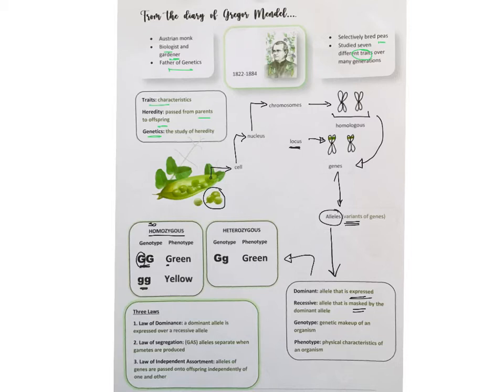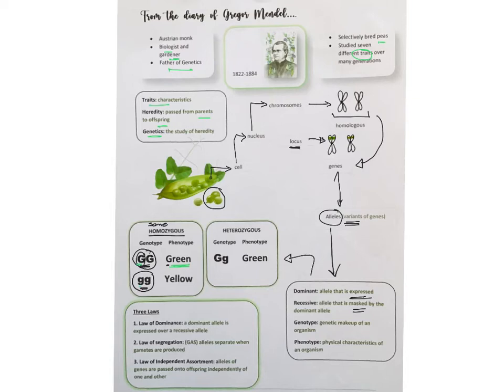And so the genotype, the genetic makeup, is homozygous for the dominant condition and homozygous for the recessive condition. Because the dominant allele is present, the phenotype, the characteristic that is then seen, will be green.